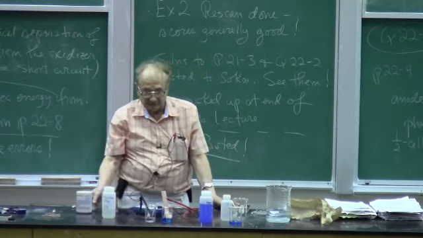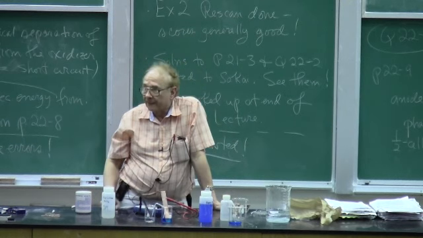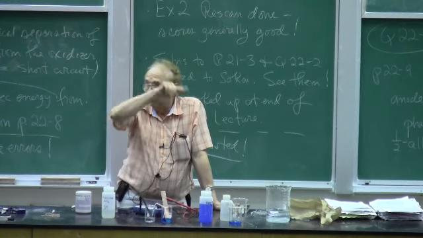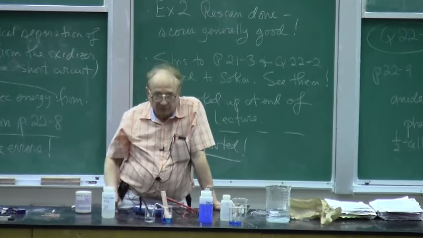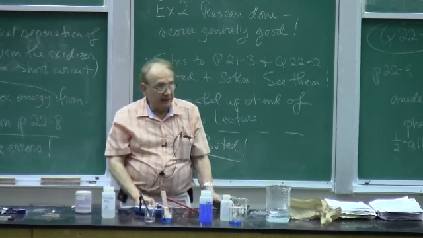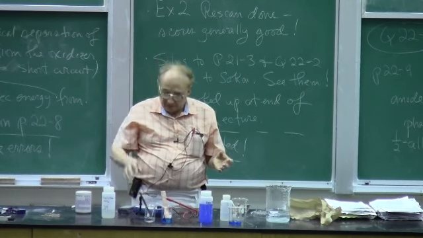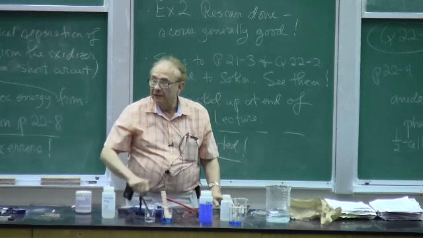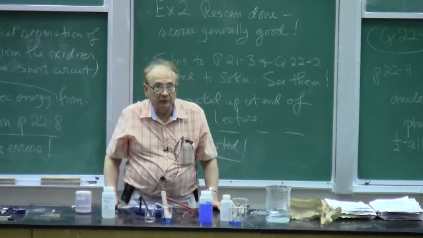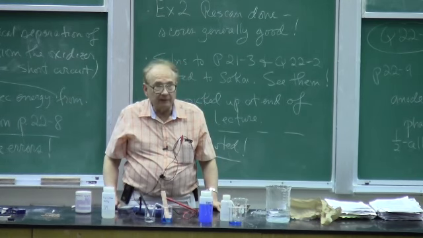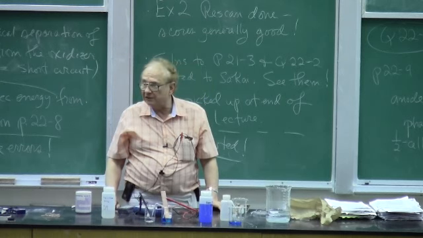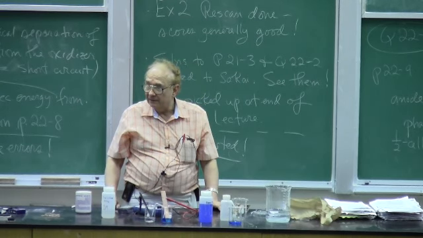A salt bridge, which I've shown you here, is simply a tube which is bent so that each end of the salt bridge, one end can fit into the system in which the reducer is present, and the other end fits into the system in which the oxidizer is present. Okay?